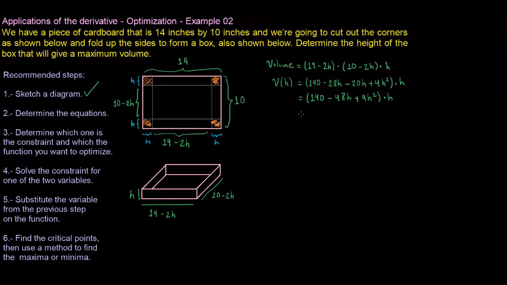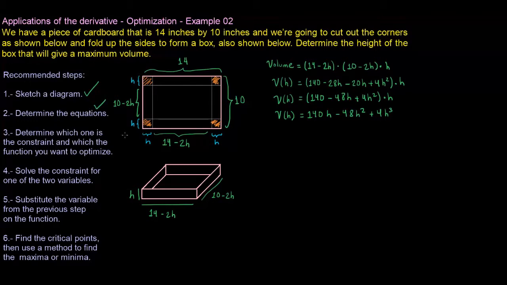We multiply everything by h. It will look like this: 140 times h minus 48 times h squared, plus 4 times h cubed. And so this is the volume. I'm just going to fully write this V of h. There it is. This is actually the function we want to optimize. So in one step we made 2 out of this list.